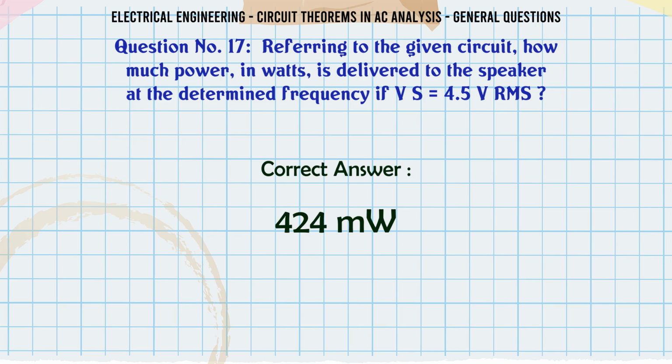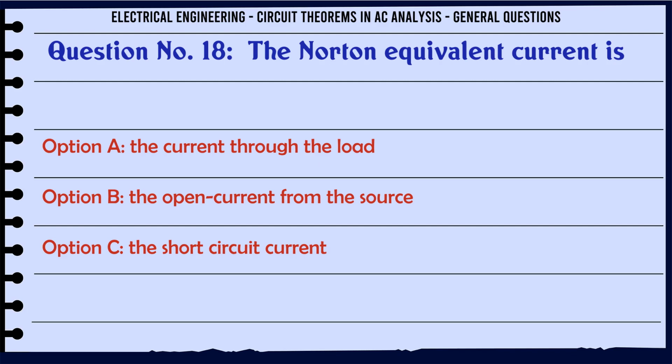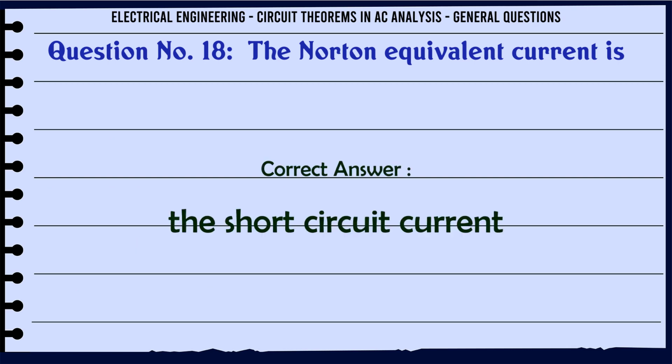The correct answer is 424 mW. The Norton equivalent current is: A, the current through the load. B, the open current from the source. C, the short circuit current. D, none of the above. The correct answer is the short circuit current.